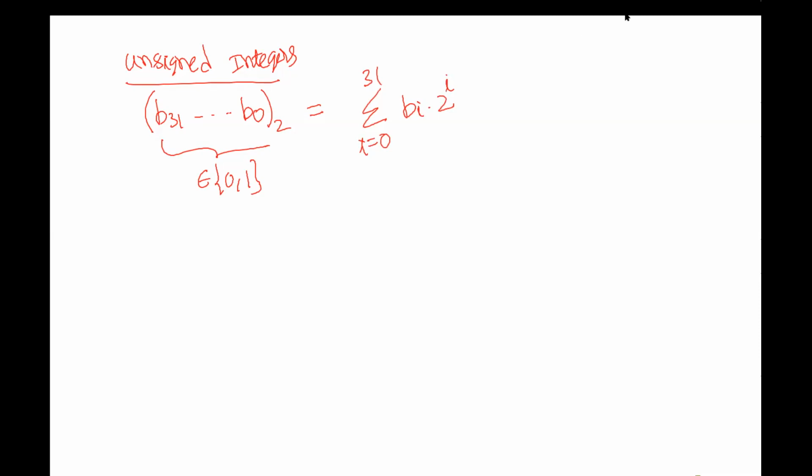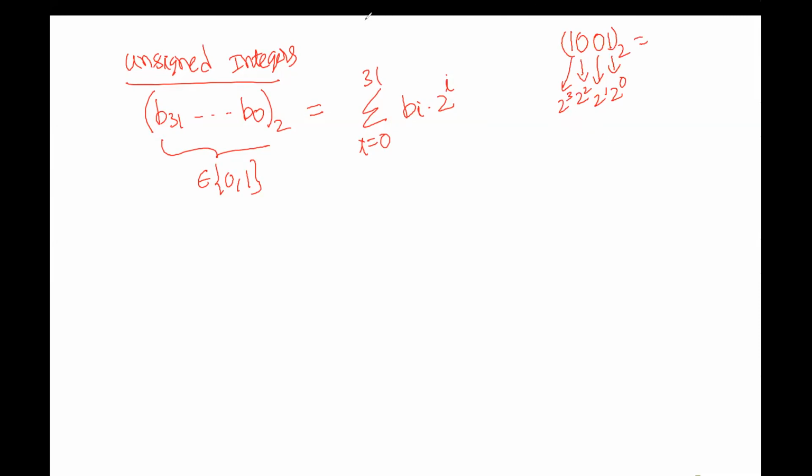So if you take a simple example, let's say you are working on 4-bit numbers. The value associated with this bit is 2 power 0, this bit is 2 power 1, this bit is 2 square, this bit is 2 cube.